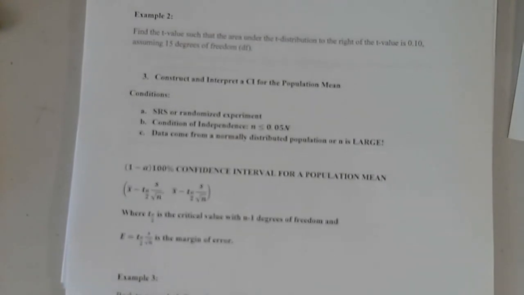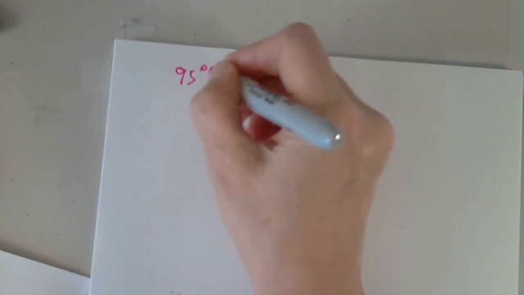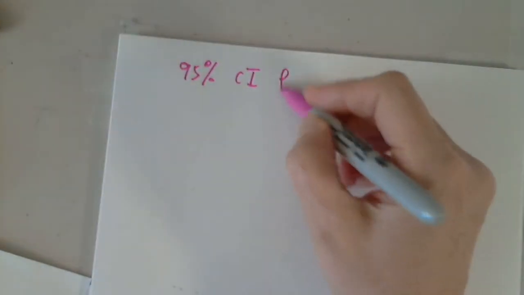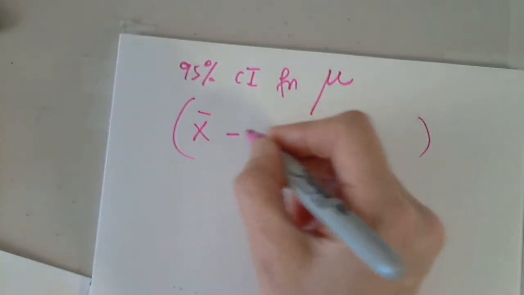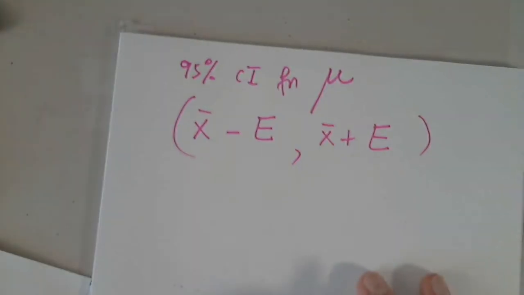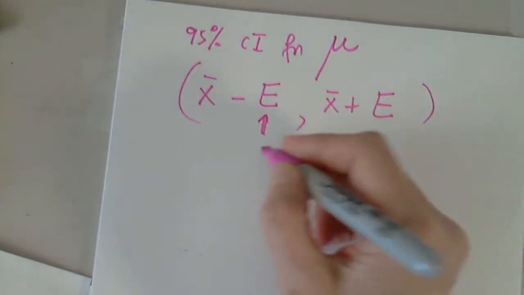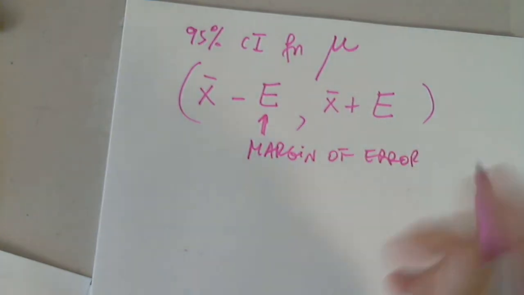So how do I determine the confidence interval for the mean now? Let's say a 95% confidence interval for the mean will be x bar minus the margin of error, x bar plus the margin of error, where E is the margin of error.